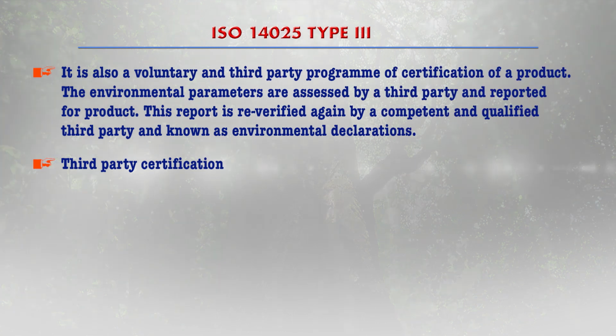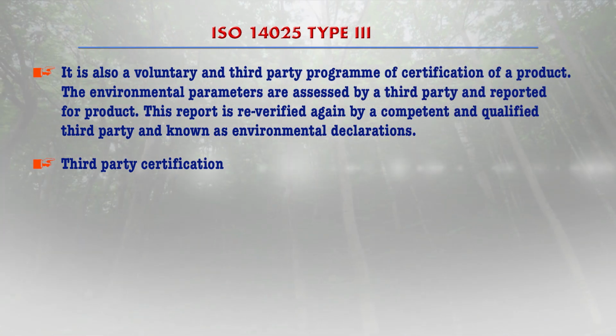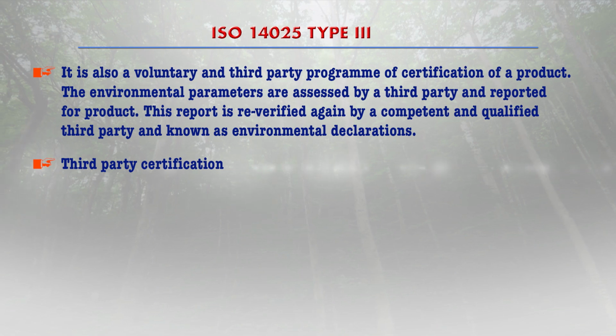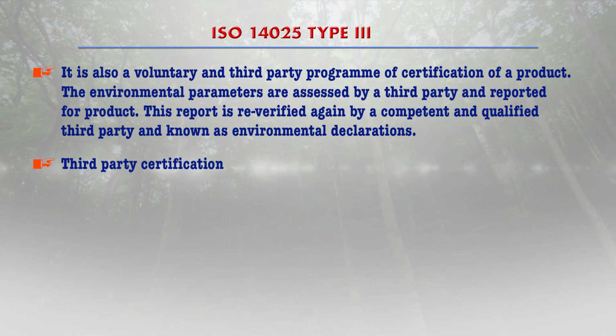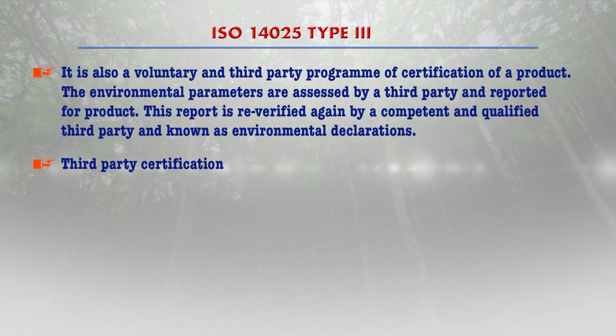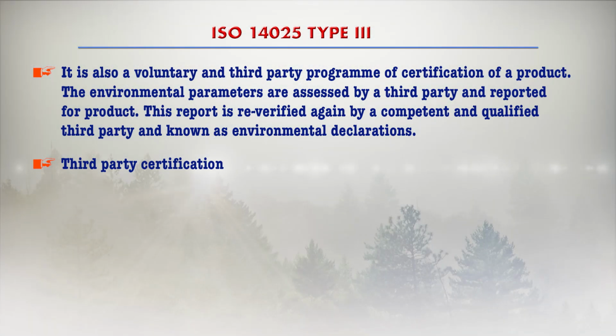It is a voluntary and third party program of certification of a product. The environmental parameters are assessed by a third party and reported for the products. This report is re-verified again by a competent and qualified third party, and it is known as environmental declaration. This is given by the third party certification.